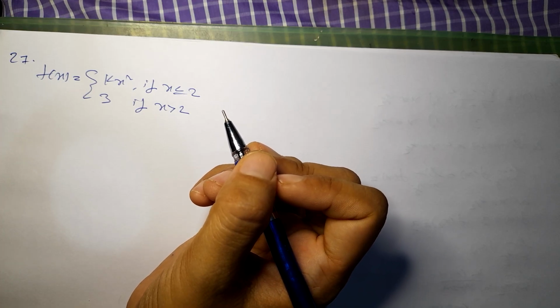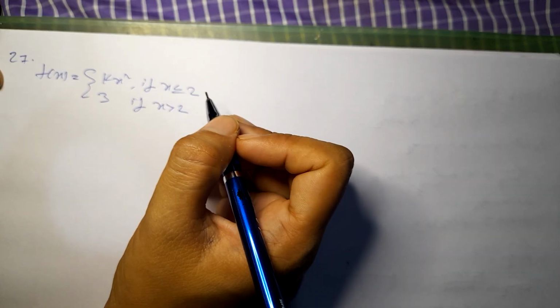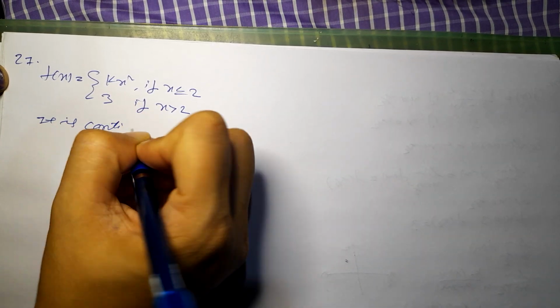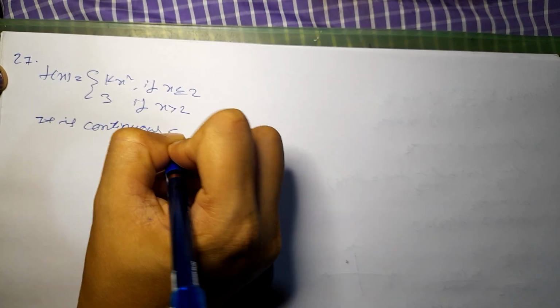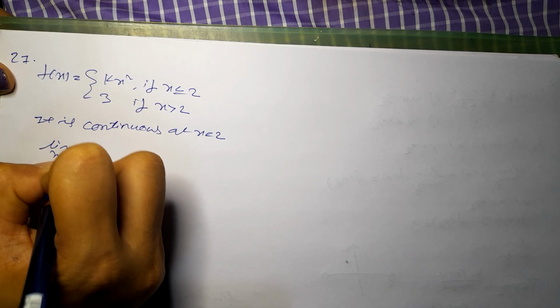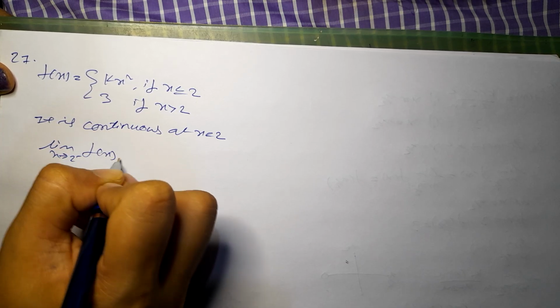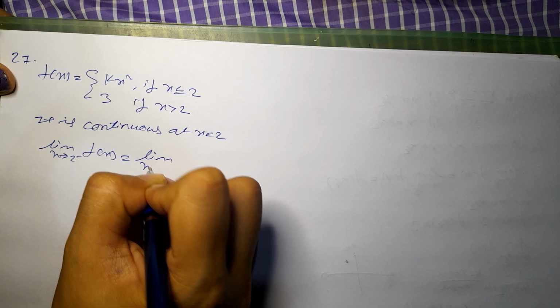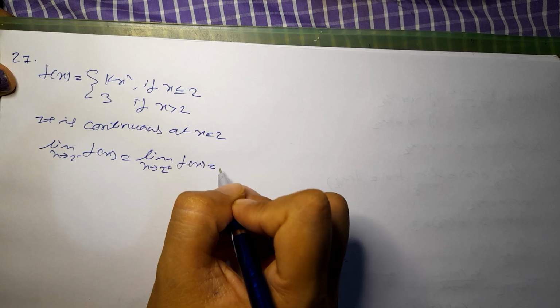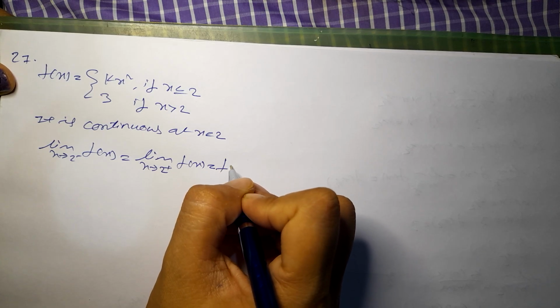Here which limit do we need? It is continuous at x equal to 2. So we need limit x tends to 2 minus f of x is equal to limit x tends to 2 plus f of x is equal to f of 2.